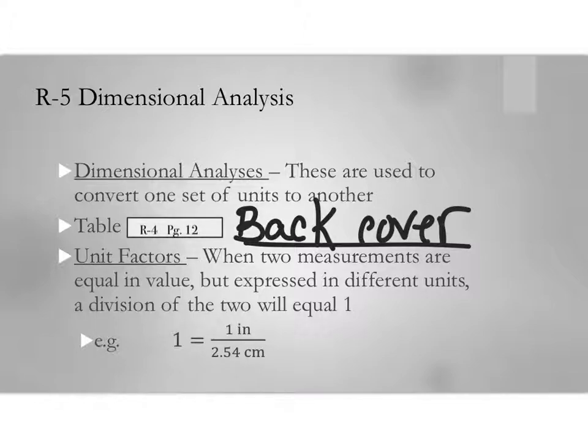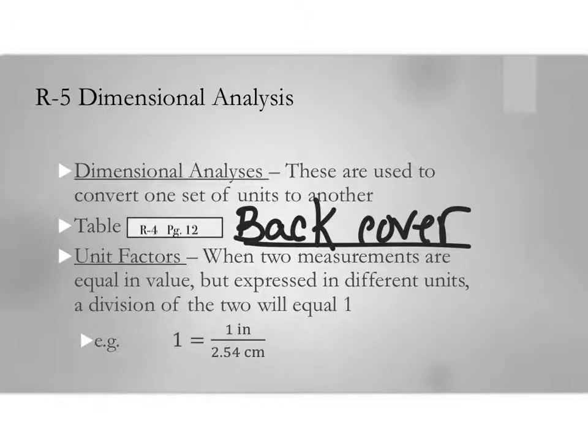Now, unit factors are essentially conversion factors of the same thing. For example, 1 inch is 2.54 centimeters. If I take 1 and I divide it by 2.54, it does not equal 1. But the unit of measure, or the length, I should say, 1 inch, is the same as 2.54 centimeters.